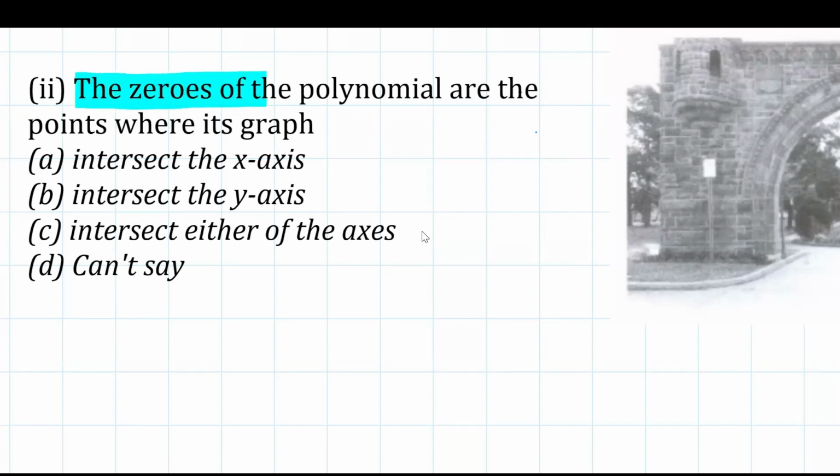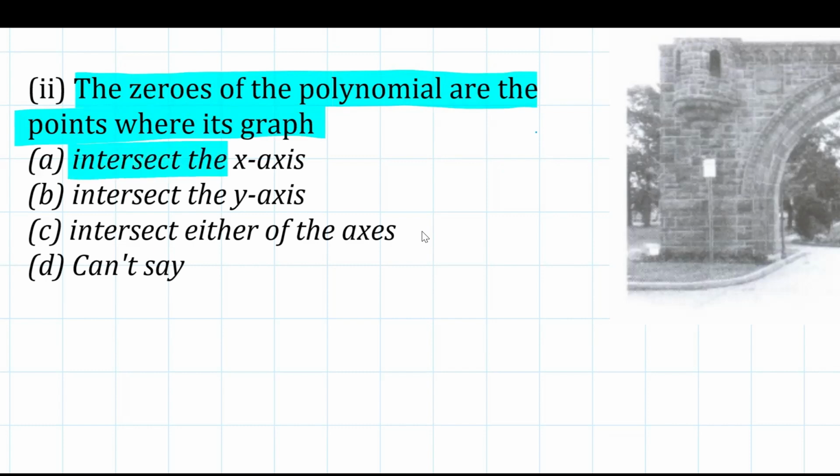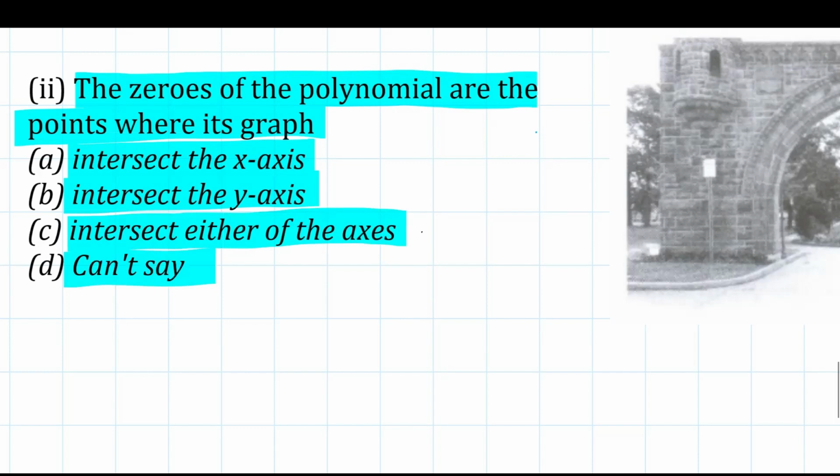In the second part, it says zeros of the polynomial are the points where the graph touches, sorry, not touches, intersects the x-axis, y-axis, either of the axes, or can't say.